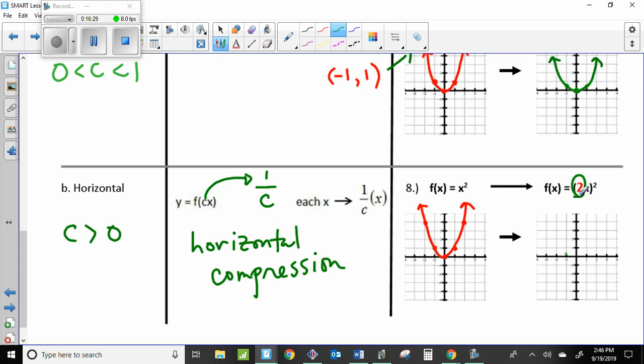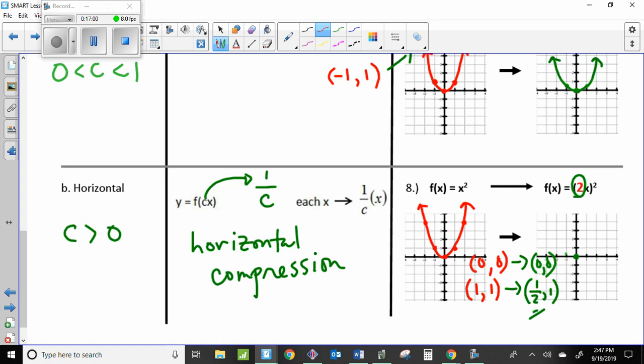So my 0, 0 will still be 0, 0. However, my 1 and 1, when I multiply the x by half, becomes 1/2 and 1. See the compression right here?